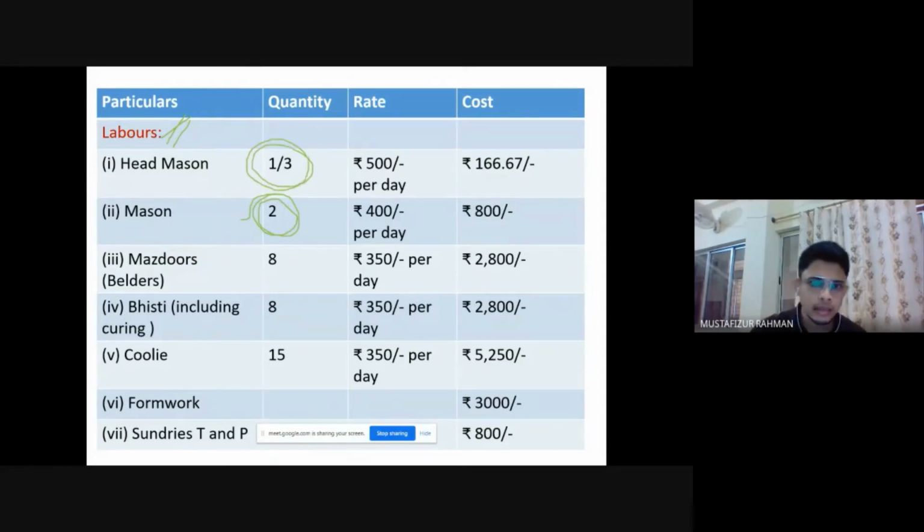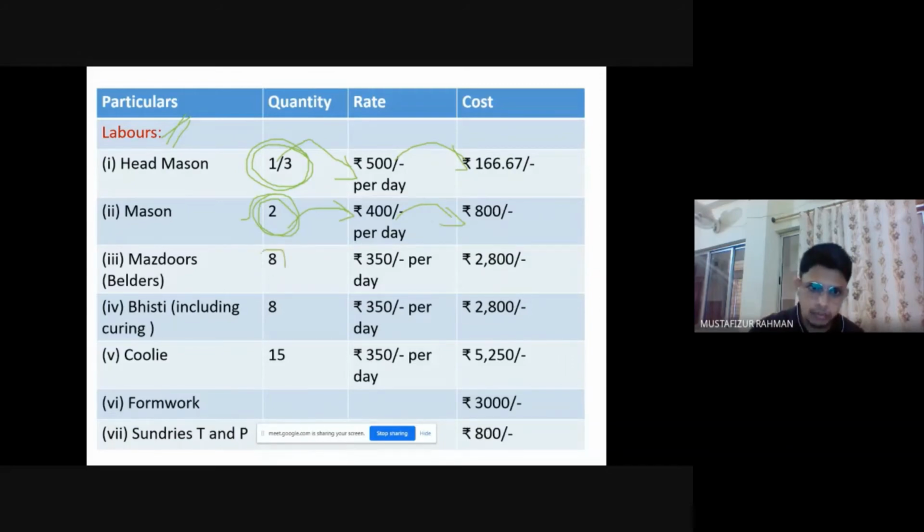What does it mean? That means a head mason will be able to oversee the work of 30 cubic meters of PCC work. Therefore, for 10 cubic meters it is 1/3. And then what is the rate? Multiplying, we are getting the cost. For the mason, what is the rate? Multiplying, we are getting the cost.